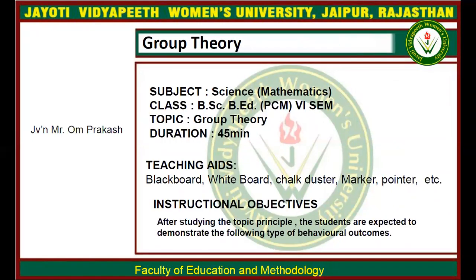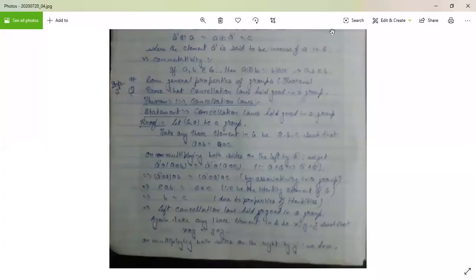In group theory, I showed you some definitions of group theory and one theorem on group theory. Today, I extend this topic to study more theorems. In your last class, I showed the first theorem of group theory, which is the cancellation laws. The theorem states that cancellation law holds good in a group.